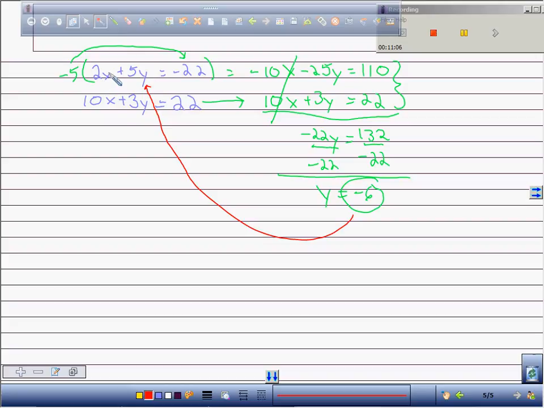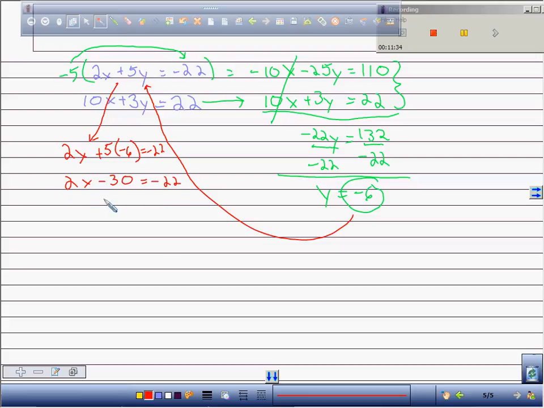So plugging that in, now I get 2x plus 5 times negative 6 equals negative 22. And I get 2x minus 30 equals negative 22.